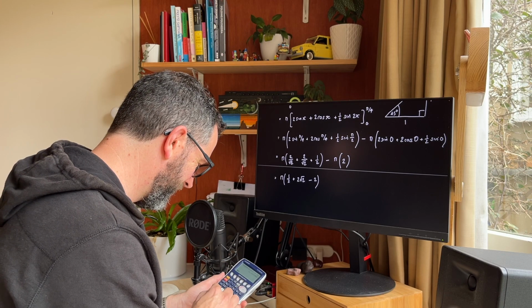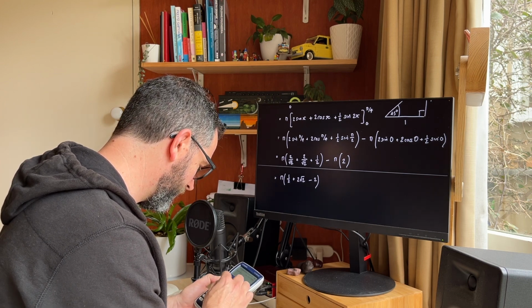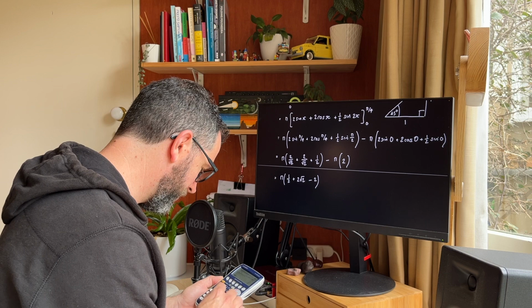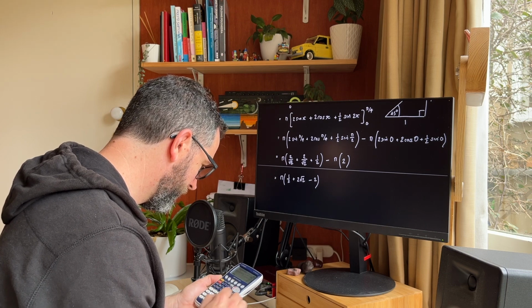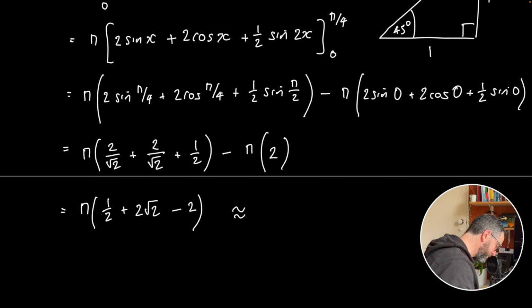Let's just check. So 0.5 plus 2 times the square root of 2 minus 2 is about 1.3. So it's approximately equal to 1.328 pi units cubed.